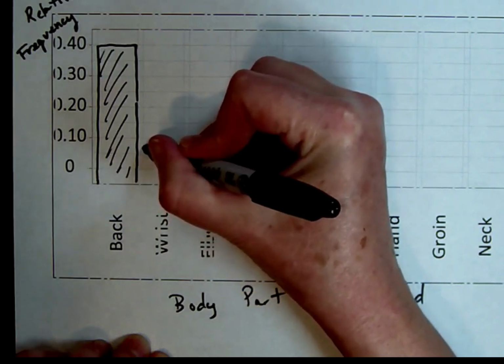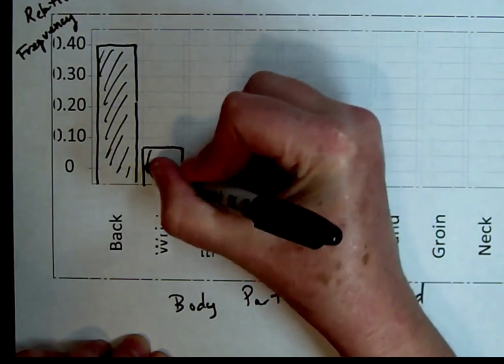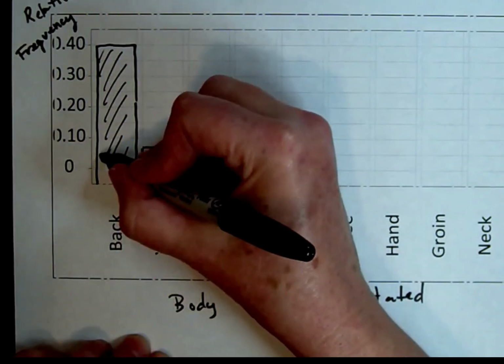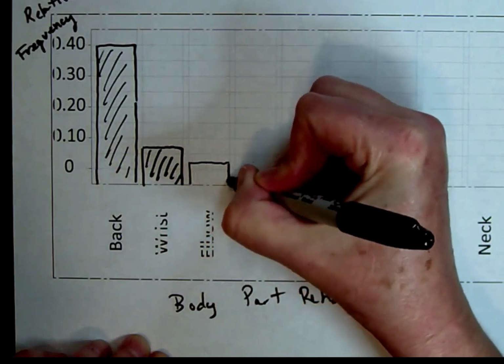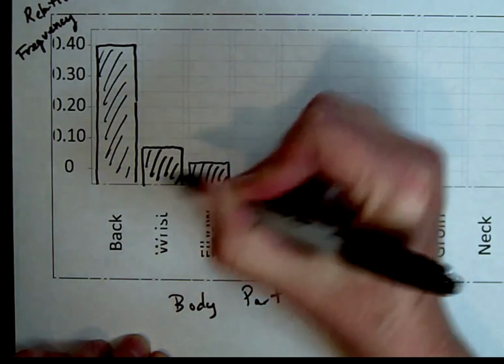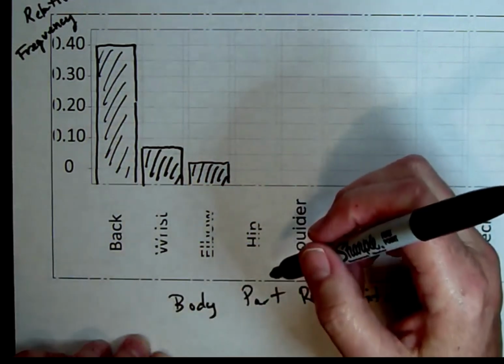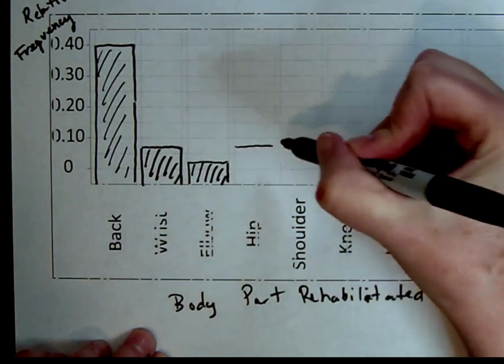That would be about there. For elbow, we got 0.033. So let's see, here's 0.05, so 0.033 would be somewhere like that. For the hip, we got 0.0667. Let's see, that's the same as wrist, so those should be at the same height.